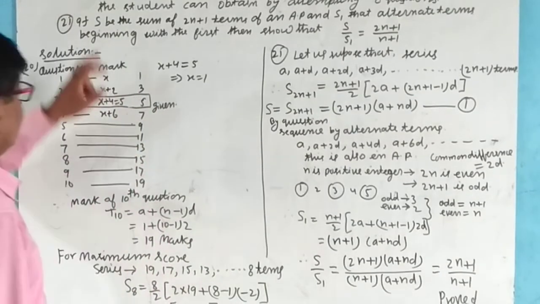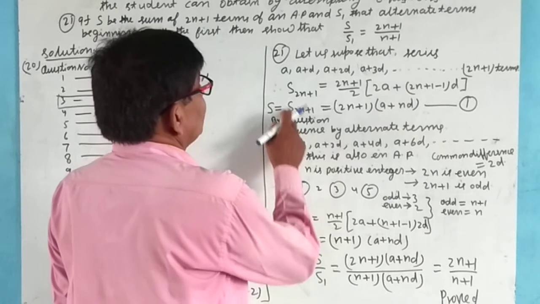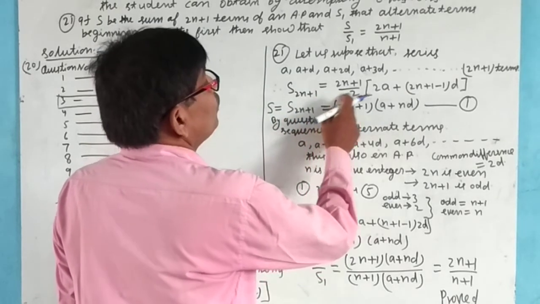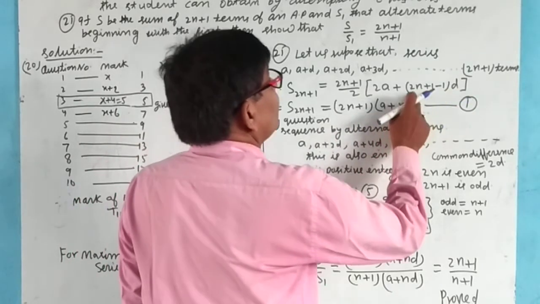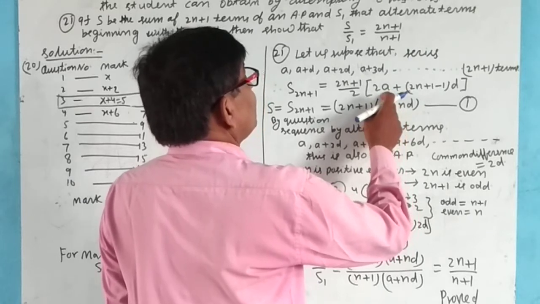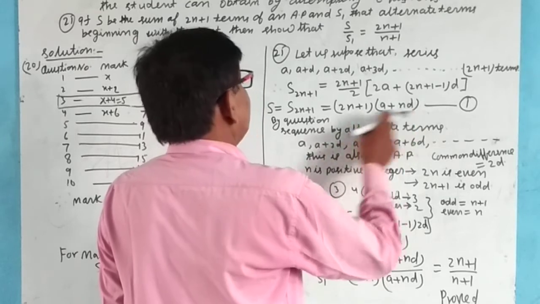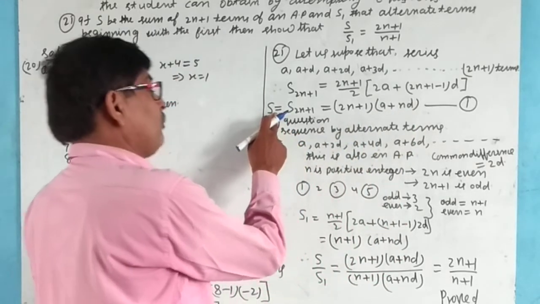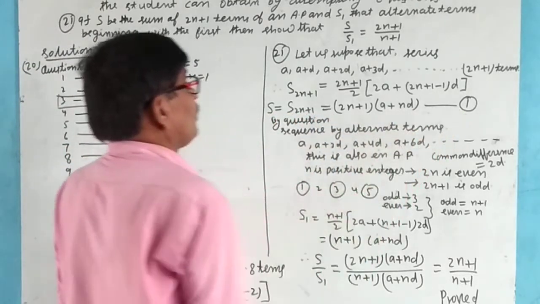S is the sum of 2n plus 1 terms, so S equals 2n plus 1 by 2 into 2A plus 2n plus 1 minus 1 into D. This is cancelled, 2nD and 2A, 2 common, that 2 cancelled, so 2n plus 1 into A plus nD. This is the value of S, the sum of 2n plus 1 terms. This is equation number 1.